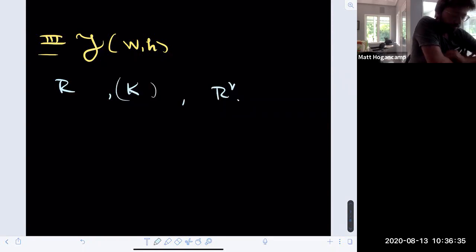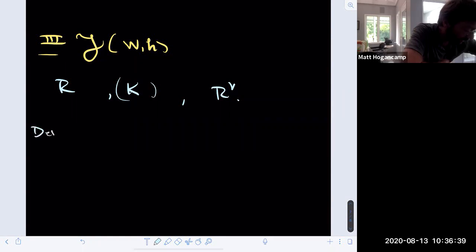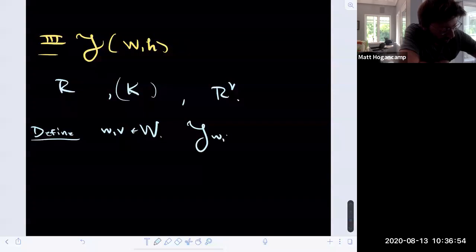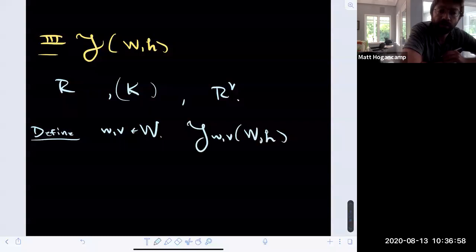I'd like to define, for each pair of elements in the Koszul group, a category Y sub VW as follows.